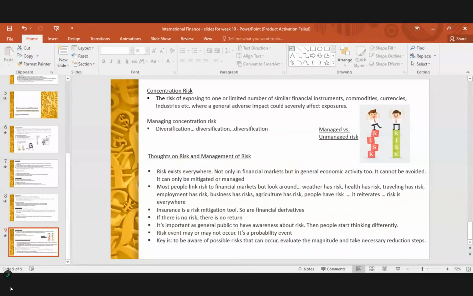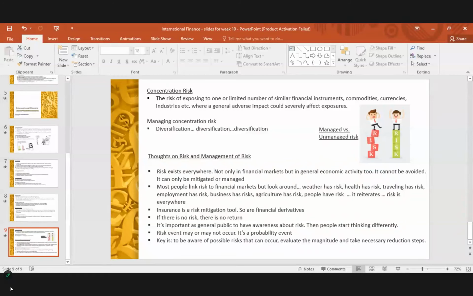Right? If you really look, these things exist in our lives, but we don't think in those terms and we fall into trouble as a result. That's why I say risks exist everywhere, not only in financial markets, but in general economic activity too. It cannot be avoided, but it can be mitigated and managed. So without us realizing, we take certain steps. That is risk management in our day-to-day lives, right? We avoid going through bad areas during ungodly hours.